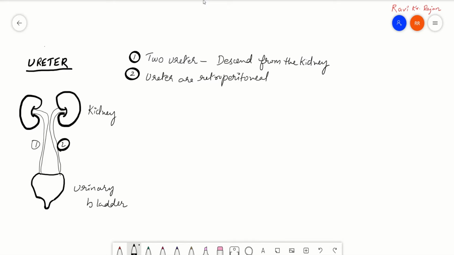The third point which we have to remember: the principal function of the ureter is to transport urine from the renal pelvis into the urinary bladder.